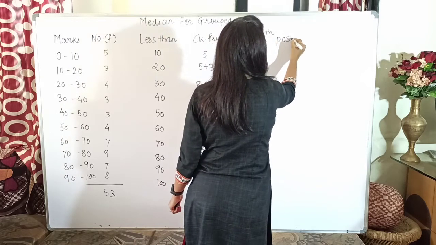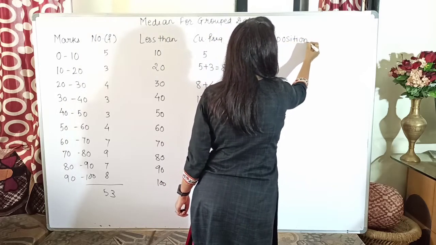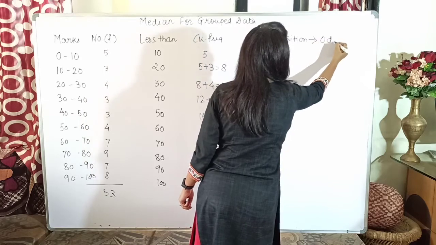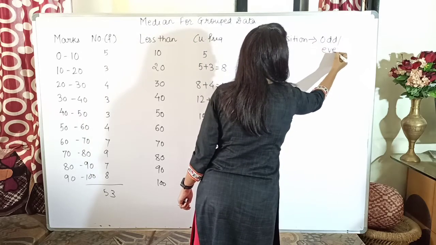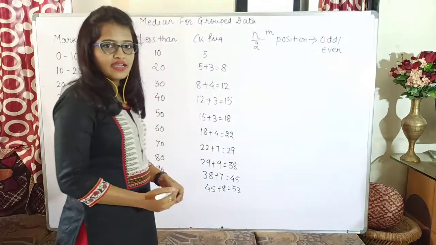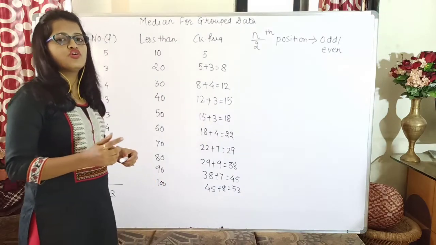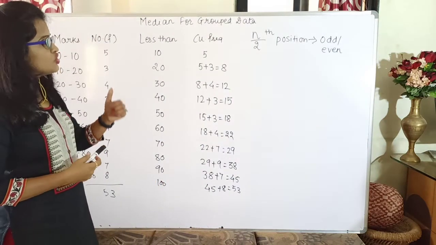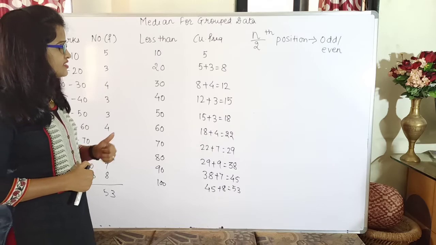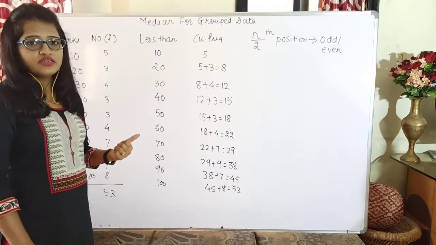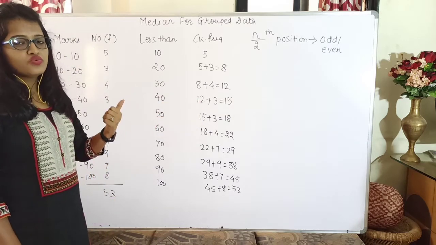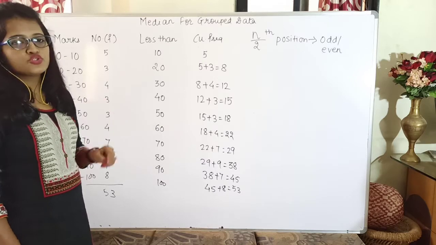You are not going to consider whether it is even or odd. For both the odd or even number of observations, the formula is same, unlike ungrouped where the formulas were different. Okay, so the thing is, we have to find the class which will have this position.